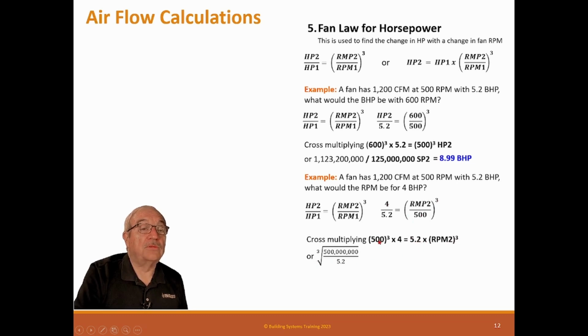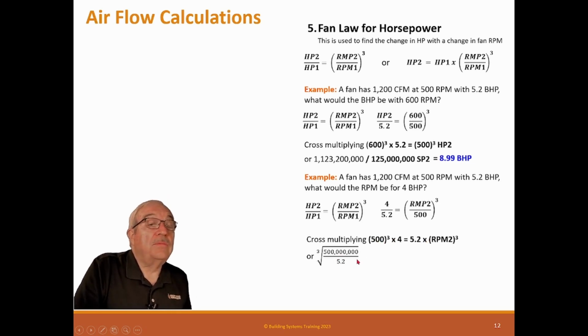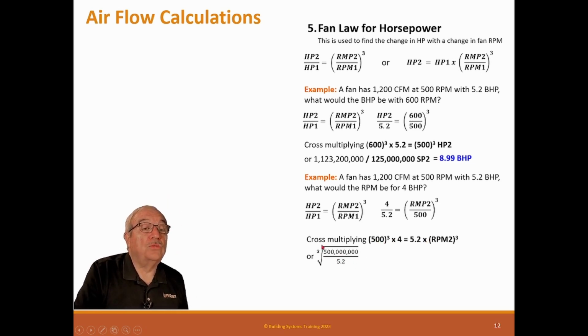And when you multiply that all out, that equals 500 cubed times 4, which is 500 million, divided by 5.2, and then the cube root, because we moved the cube to the other side. And that equals, again, the calculator's got a button for that, so it makes it easy, 458 RPM. So instead of 500 RPM, which it was, we've gone down to 458 RPM.